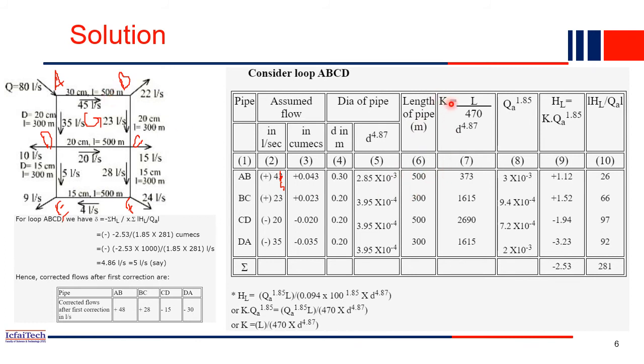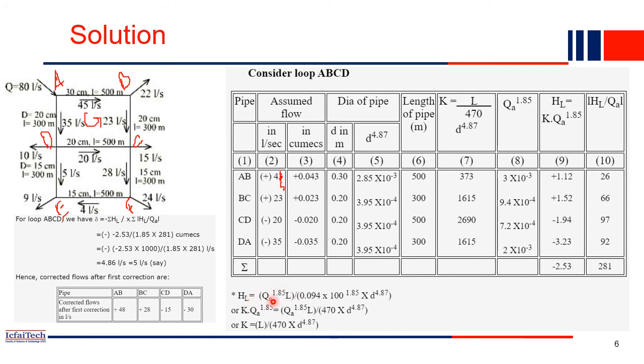So now if we are computing the K value, how are we computing it? K value is L by 470 into D to the power of 4.87. From where did I get this one? Let me do it here. The head loss HL, we have already computed this expression, right?